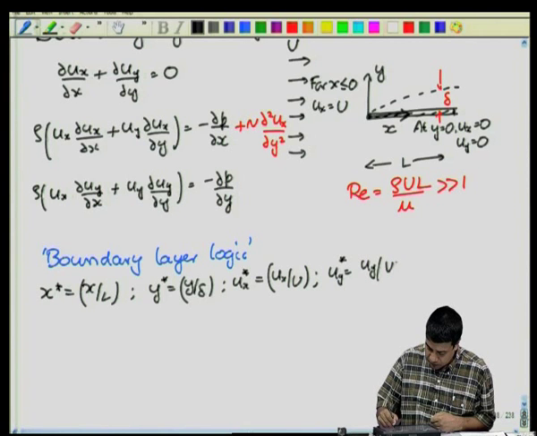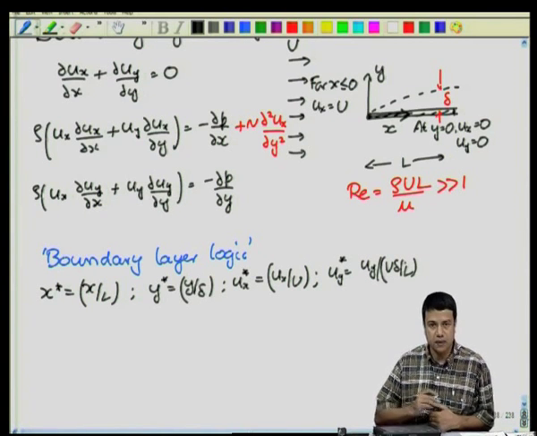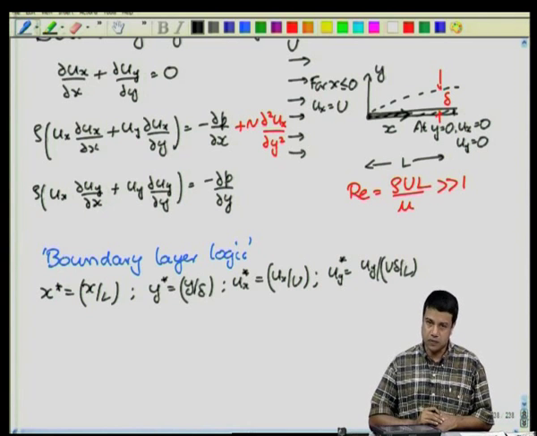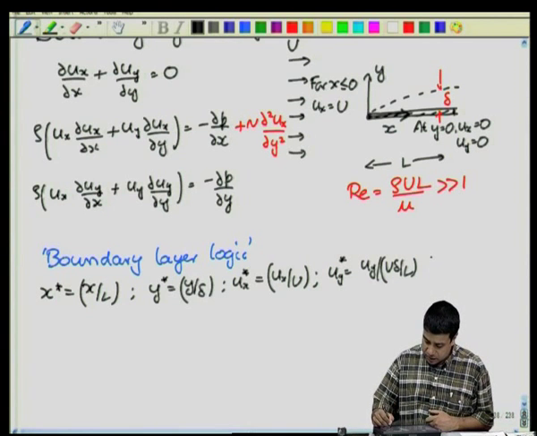The relevant velocity scale for the y coordinate was U delta by L. And the pressure turned out to be just the inertial scaling.